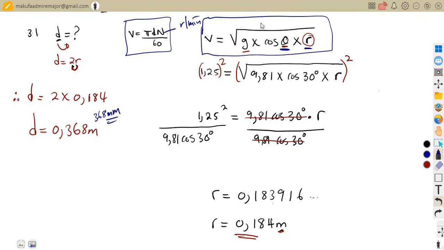Since you can use this formula to calculate the velocity, if they give you velocity, you can use it to calculate any of the unknowns. You can even use it to calculate the angle of discharge. You can use it to calculate the radius, just like what we did. We calculated the radius and used it to calculate the diameter. So it's just a play around of questions. As you can see, it's just a matter of playing around with the formulas that you're given.